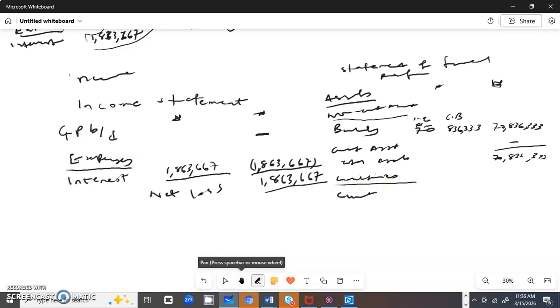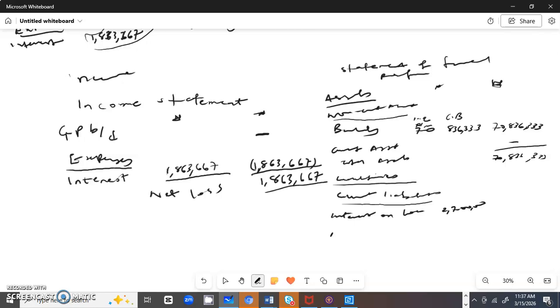Under current liabilities, we have the interest on loan of 2,700,000. So we also have non-current liabilities.